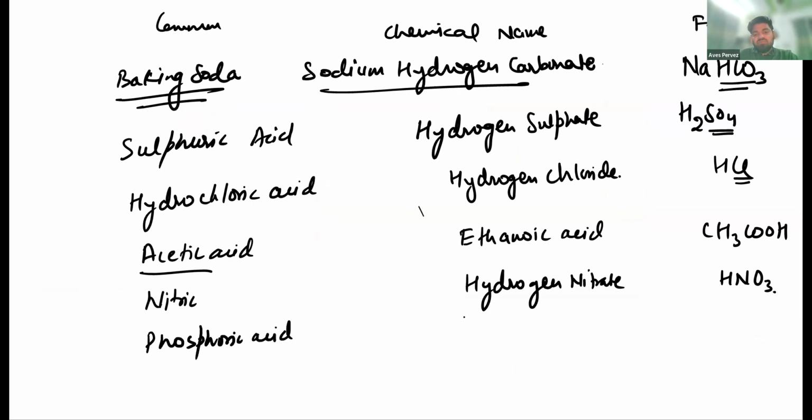Like we have sulfuric, phosphoric acid is H3PO4. Okay. There is no common name for this. You can write hydrogen phosphate. Yes, phosphoric acid is the common name, but the chemical name is actually hydrogen phosphate.